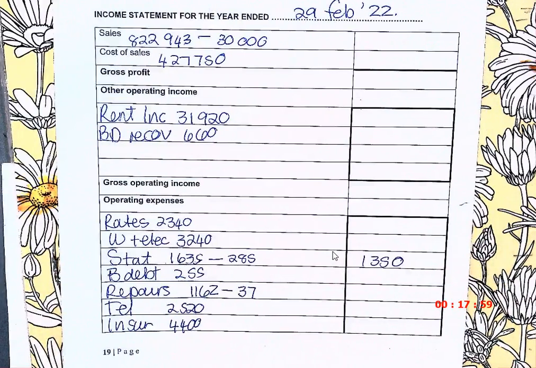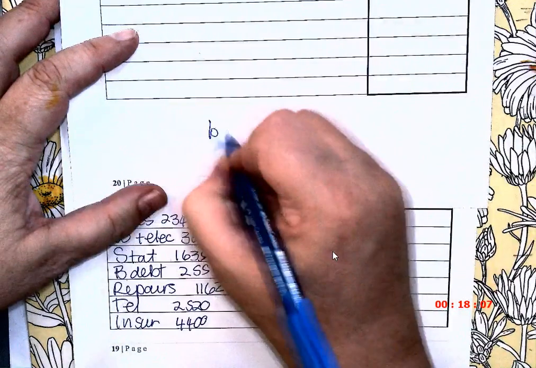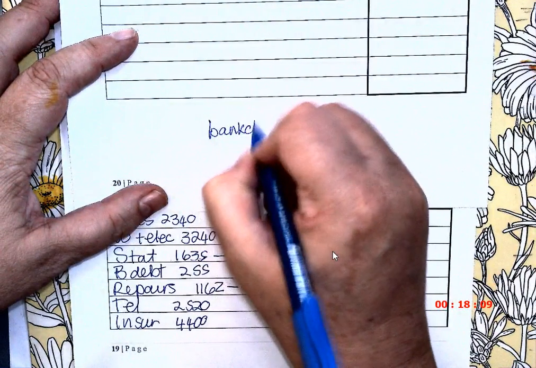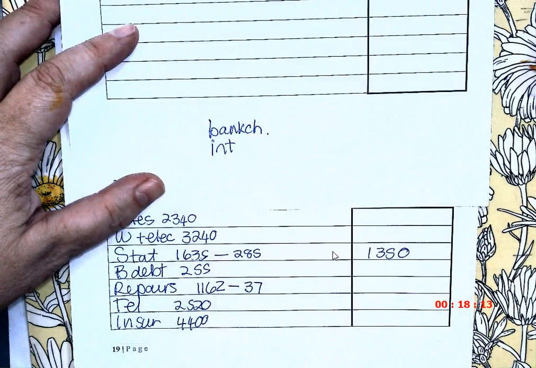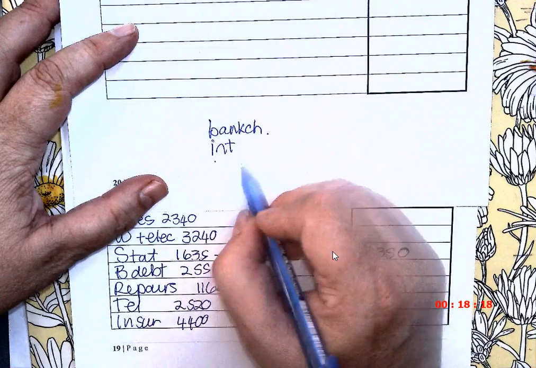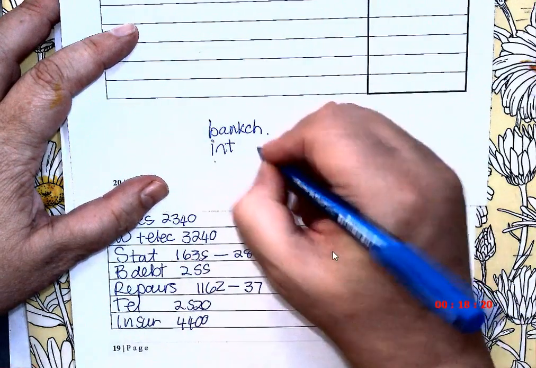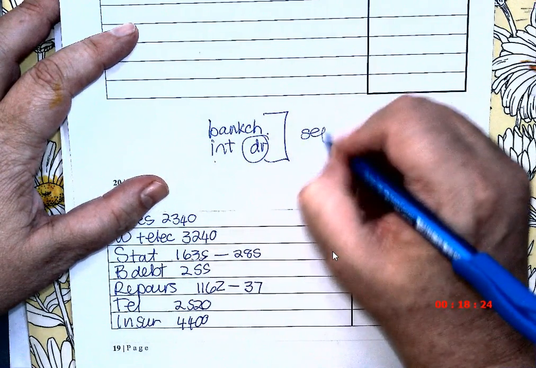And they always try and catch you with that one. You will see it when they give you bank charges and they give you interest. Now let me quickly show you the catches. If they give you debit interest, you have to remember to separate it.